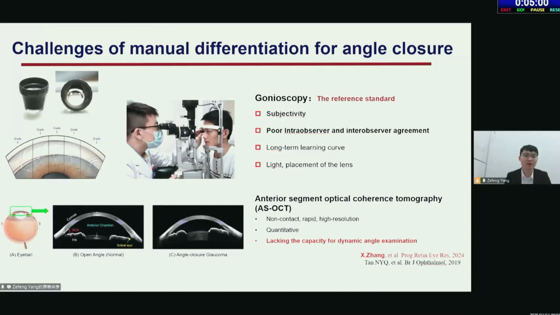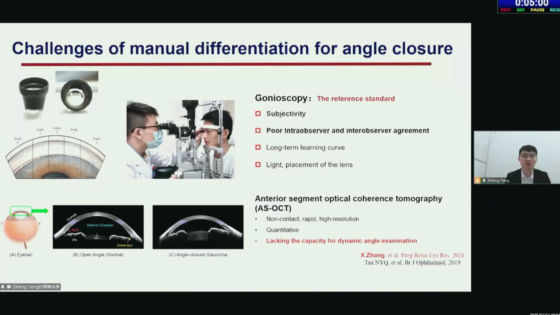But here is the problem. The newer technique, particularly gonioscopy, faces several challenges. It is subjective. It has poor agreement, both between and within observers. It is difficult for non-glaucoma specialists to master gonioscopy examination.